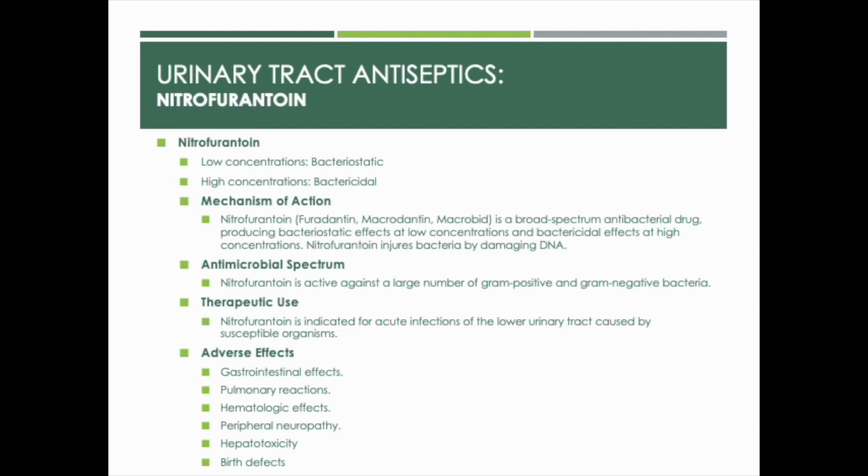Hemolytic anemia may occur in infants and in patients whose RBCs, so red blood cells, have a deficiency of glucose 6-phosphate dehydrogenase, or G6PD. Because of the potential for hemolytic anemia in our newborns, we do not give nitrofurantoin to any pregnant woman that's almost going to deliver, and we're not going to give it to infants under 1 month old.